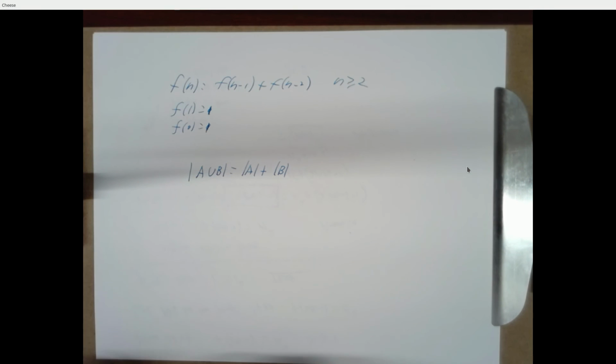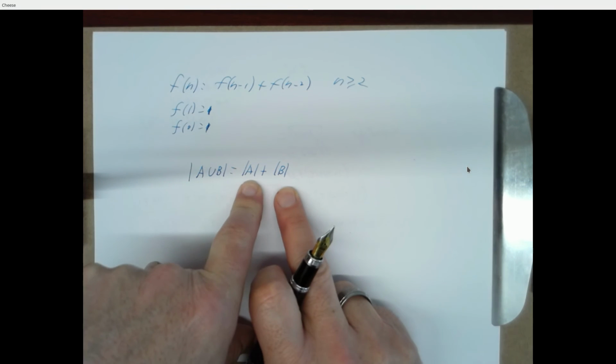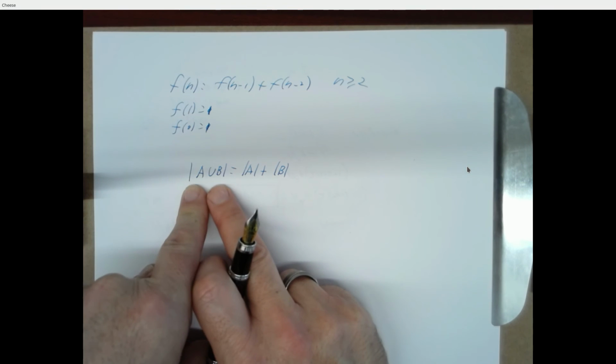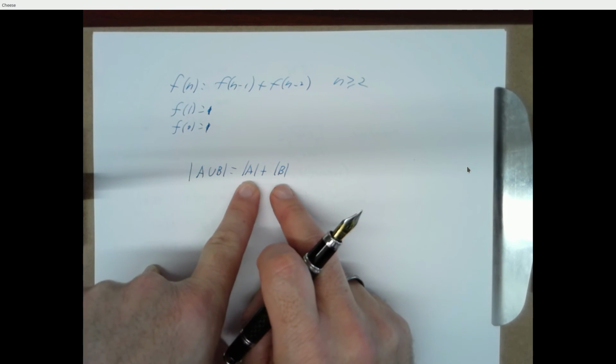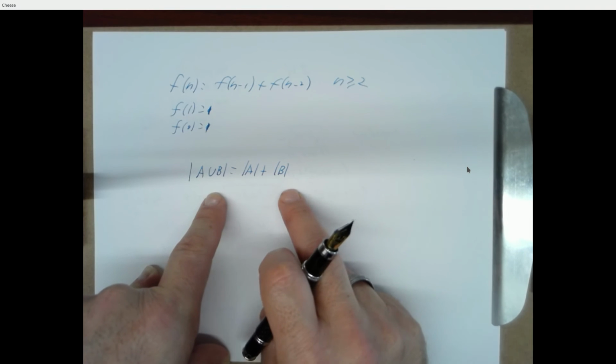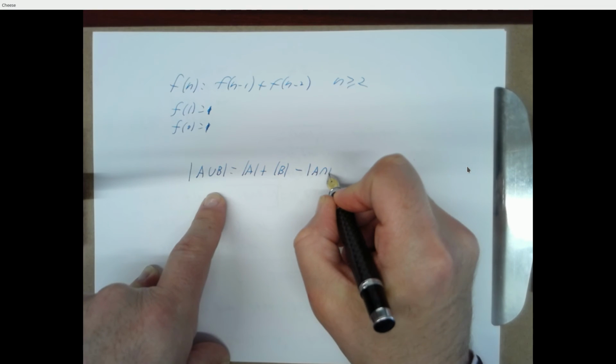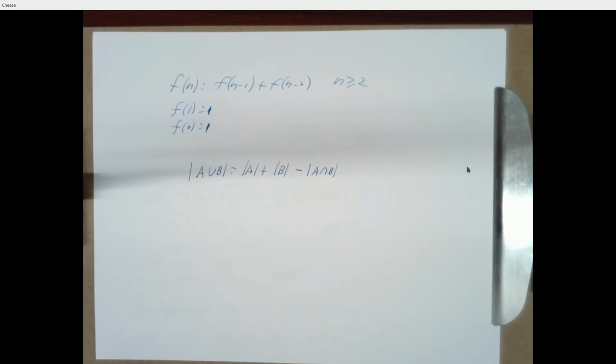If you have 2 sets A and B and you look at the number of elements in each and add those up, you'll generally get more than the number of elements in their union. Because in the union, we only count things that are in both sets once, whereas this sum is counting those twice. So you have to subtract off how many double counts you had, which is just the number of things that are overlapping.